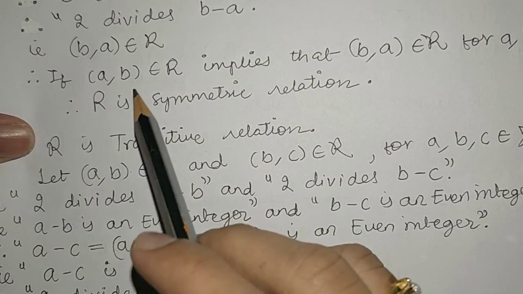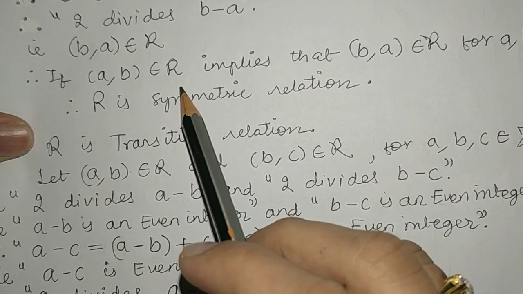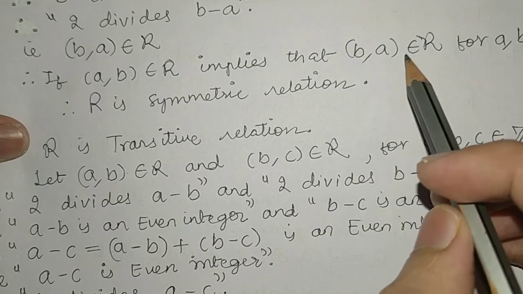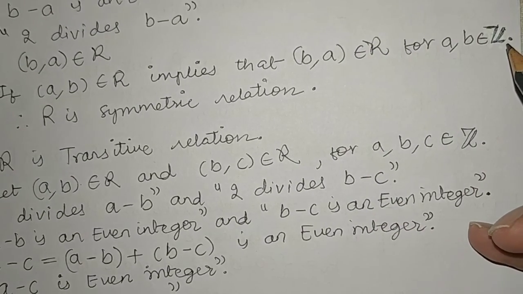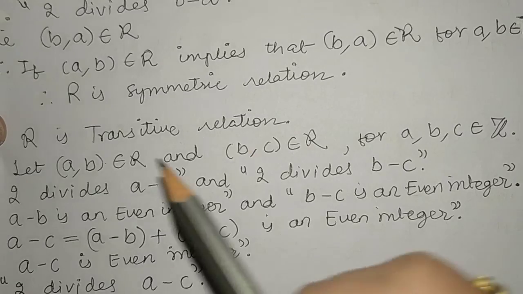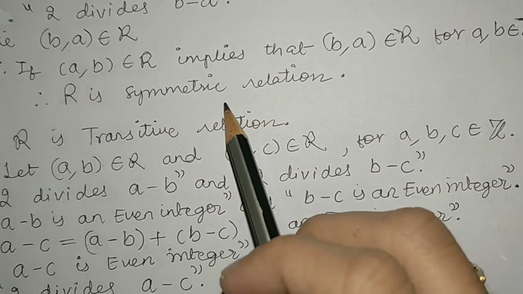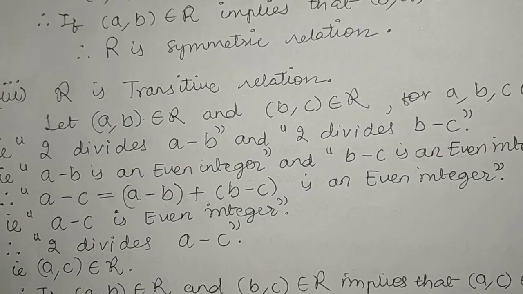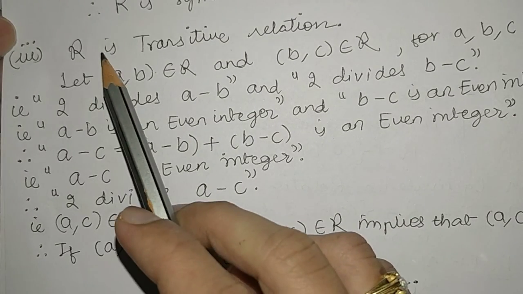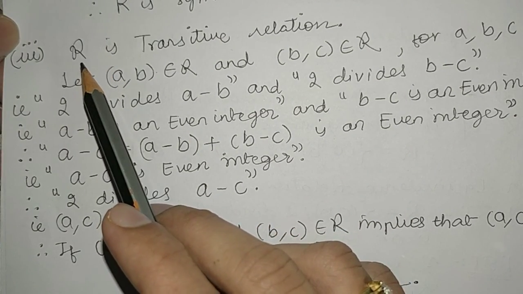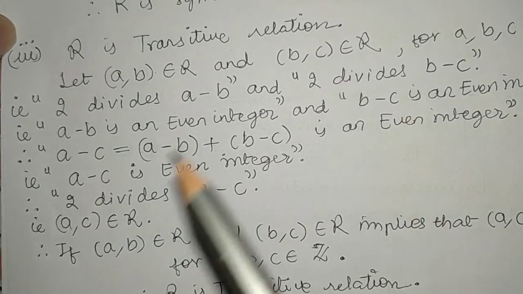Therefore, if a comma b belongs to the set R, it implies that b comma a belongs to the set R, for all a, b belonging to the set of integers. Therefore R is a symmetric relation. Now let us go to the third thing, that is proving R is a transitive relation.